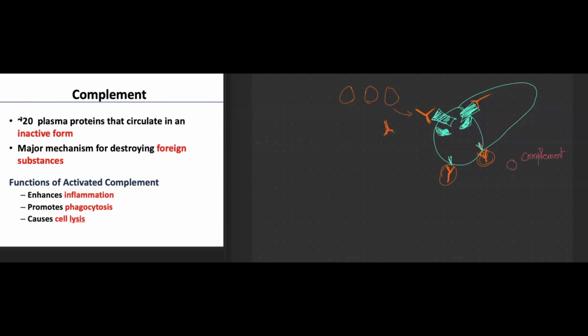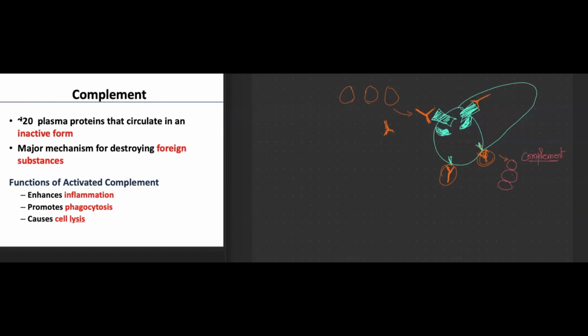All right, so once I have this antigen-antibody complex, this will activate a set of proteins located normally in your bloodstream, like the coagulation factors that we've seen when we discussed hemostasis.